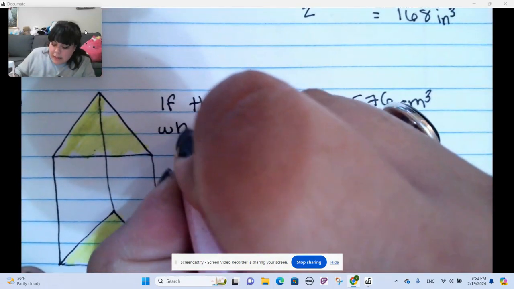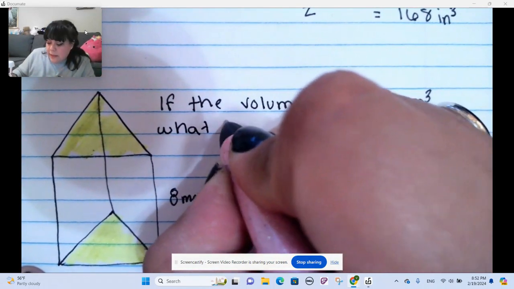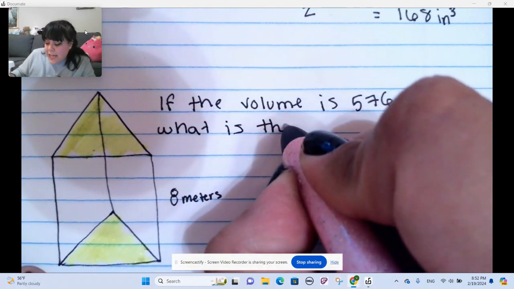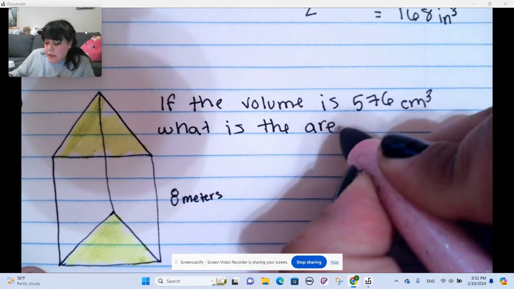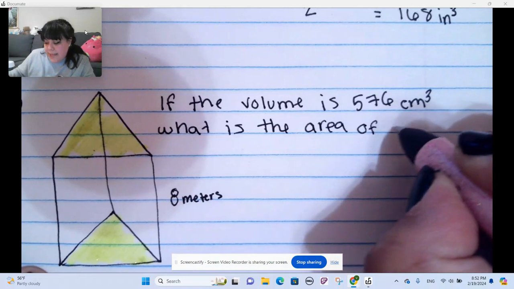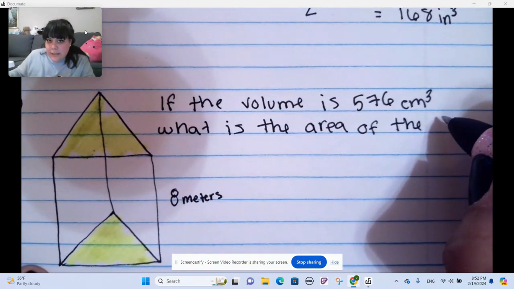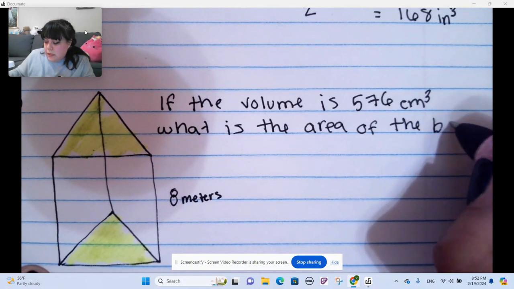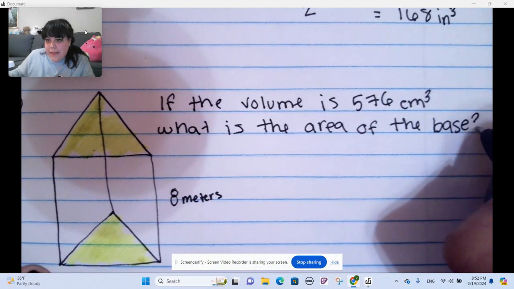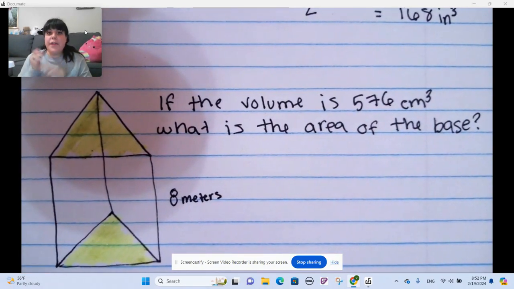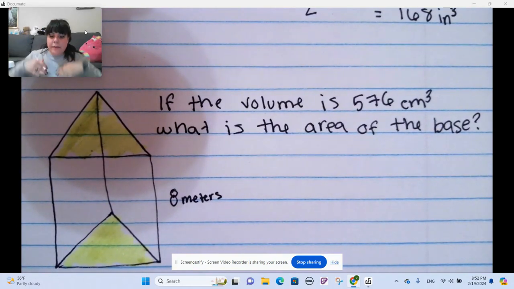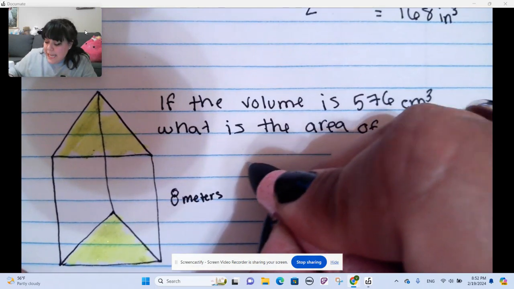It's asking what is the area of the base. So this one we kind of had to work a little backwards. What's the area of the base? Okay, so they're giving us the volume. We have to work a little backwards to find the area of the base. So let's see how to do that.